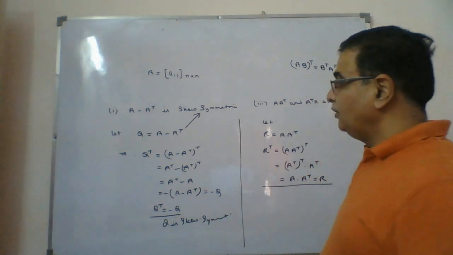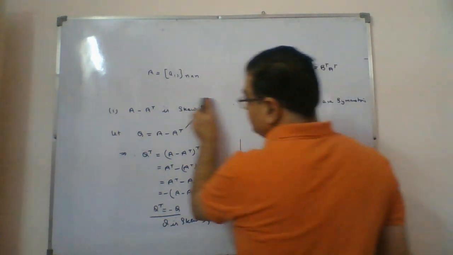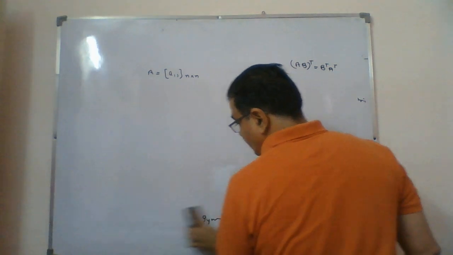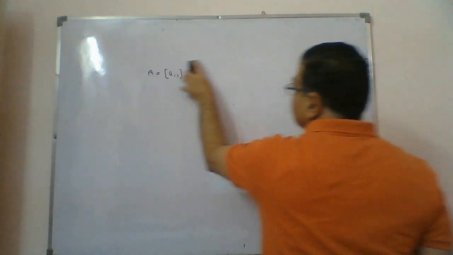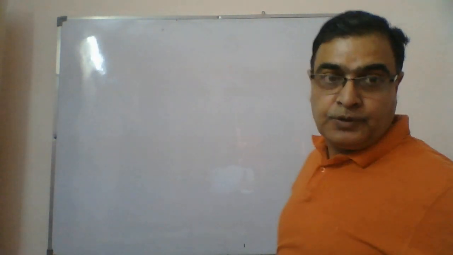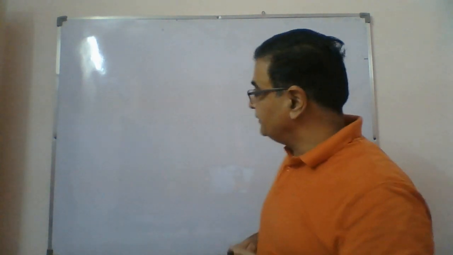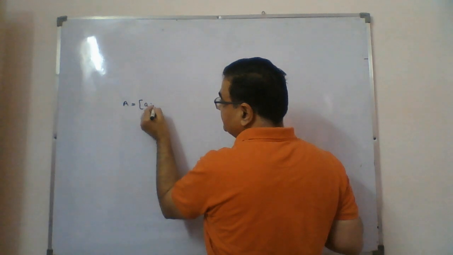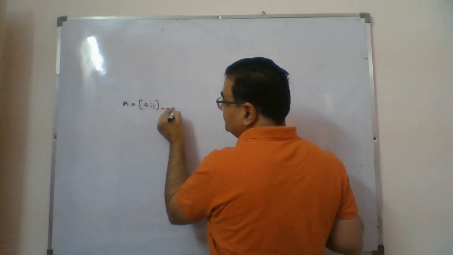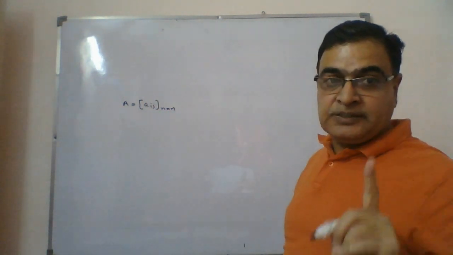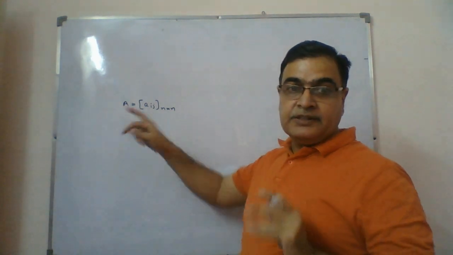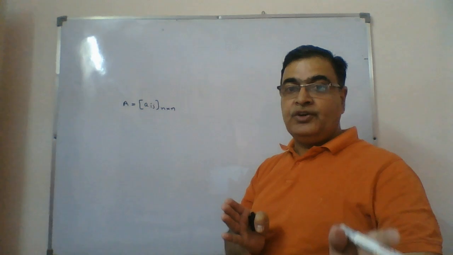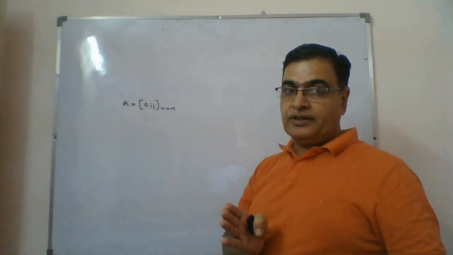Now we are coming to one more theorem. What does that theorem say? If A is a square matrix of order n, then this matrix can be expressed as the sum of a symmetric and a skew symmetric matrix.